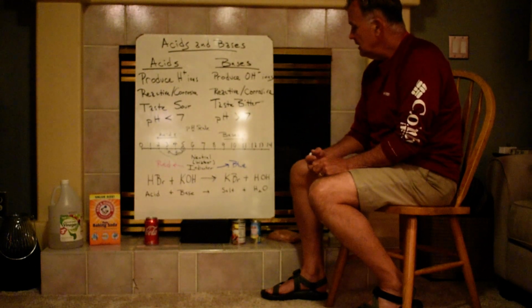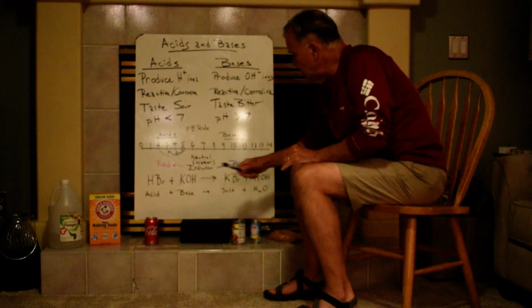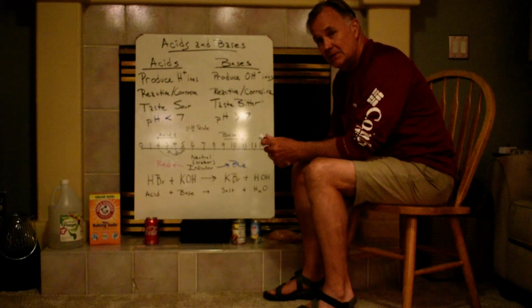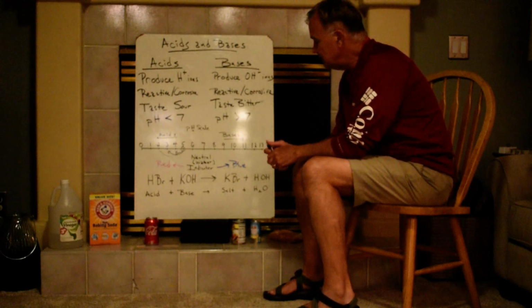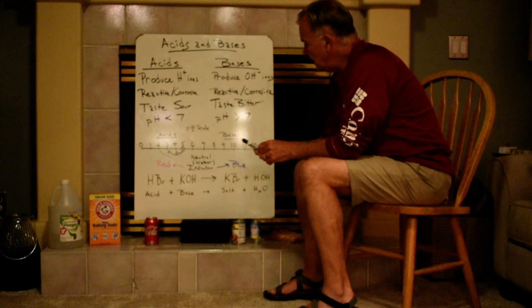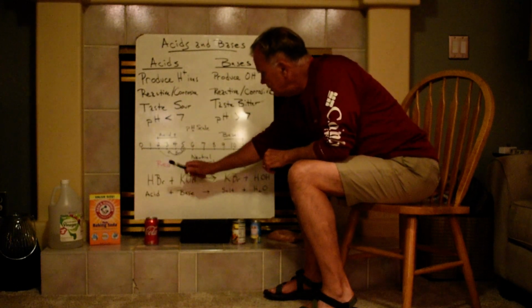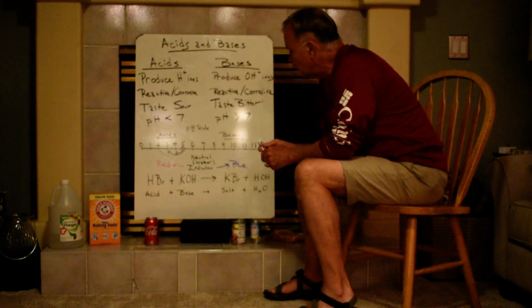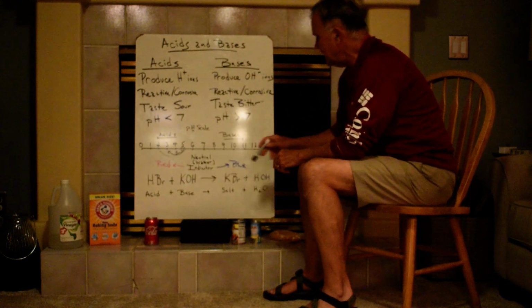So those are indicators. For our purposes, litmus paper is really commonly used in the chem lab. You would have used it if we were in class. Litmus paper turns red with acids and blue with bases.